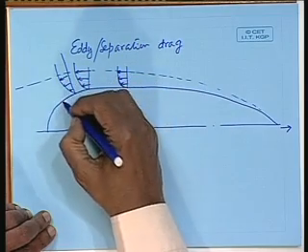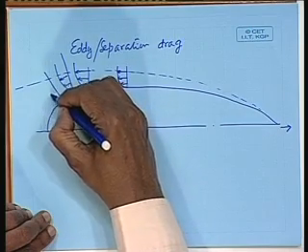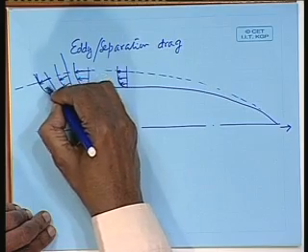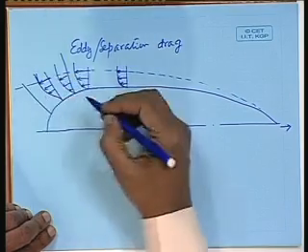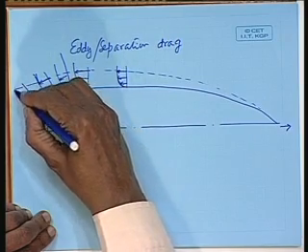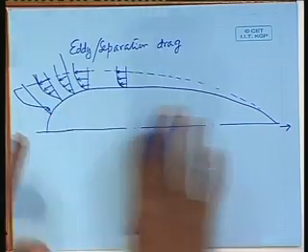Okay. Go a little further down, you will get a point where the velocity will be 0. And if you go further down, the water will start moving in the direction of the ship itself. Do you understand?